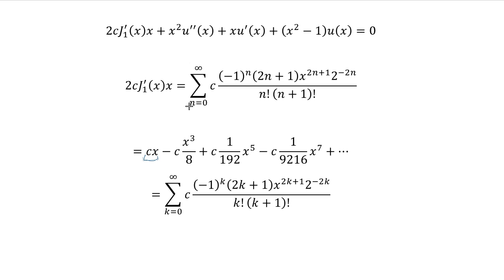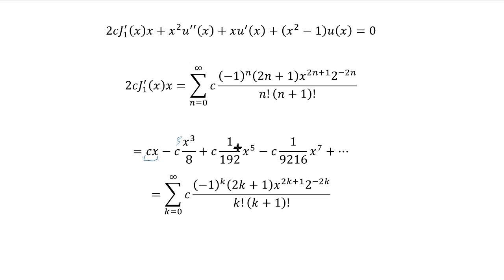And then when you plug in n equals 1, you get 1 factorial times 2 factorial, which is 2, but 2 to the negative 2, that's 1/4. 1/4 times 1/2 will give you 1/8. And actually there should be a 3 there, right? When n is 1, there should be a 3.